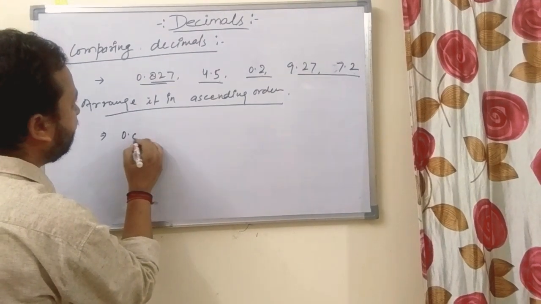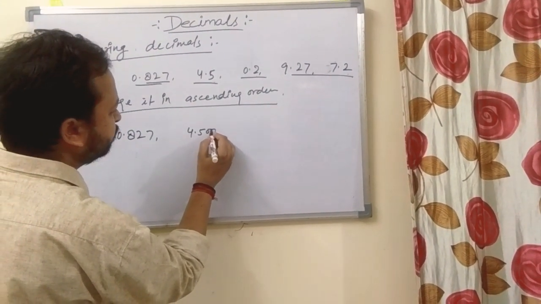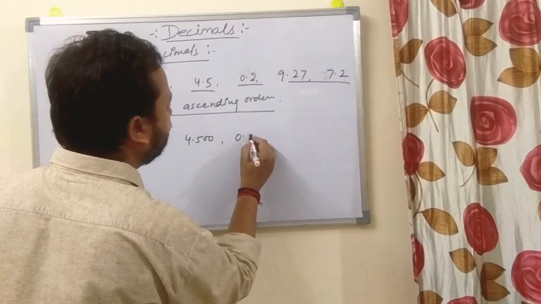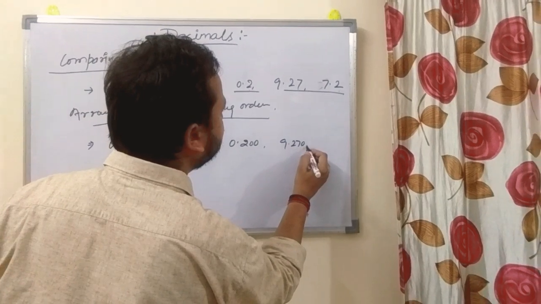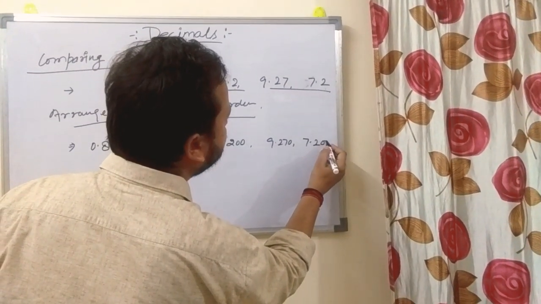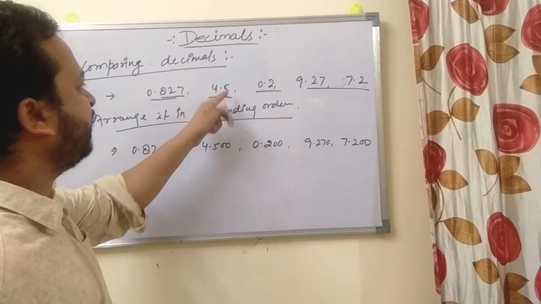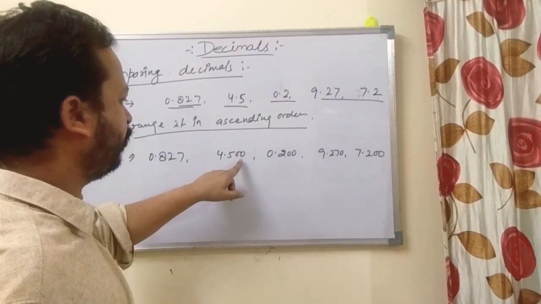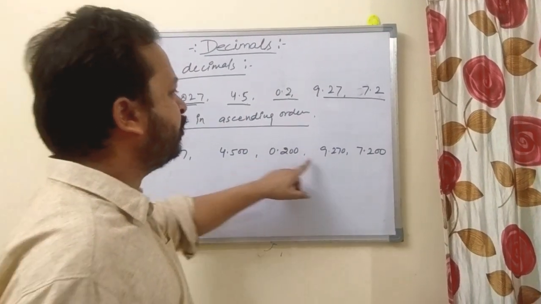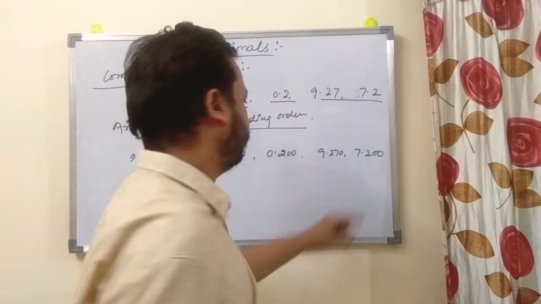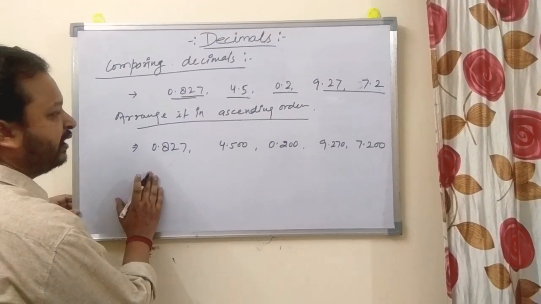So 0.827, 4.500, 0.200, 9.270 and 7.200. Right? There are 3 decimal places. Here there is 1 decimal place, so we have put 2 zeros. Here 1 decimal place, we have put 2 zeros. Here 1 zero and here 2 zeros. Right? So this is converted into like decimals.